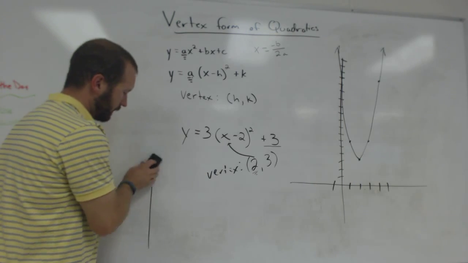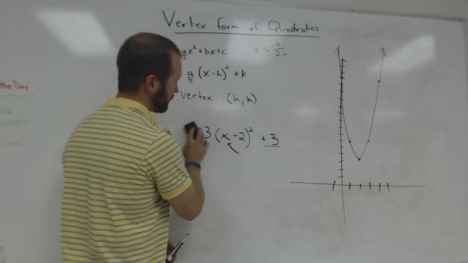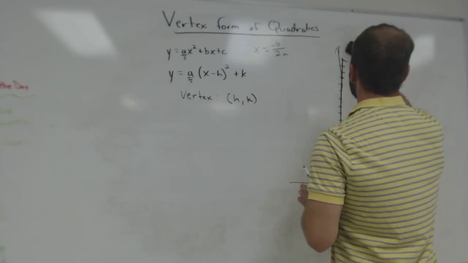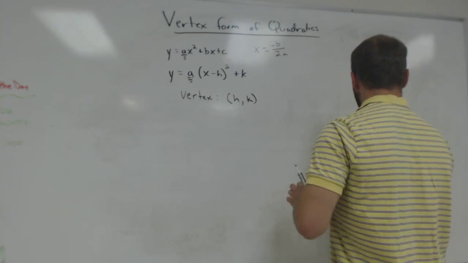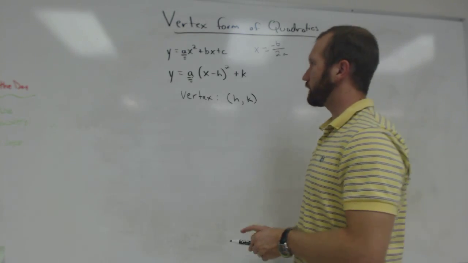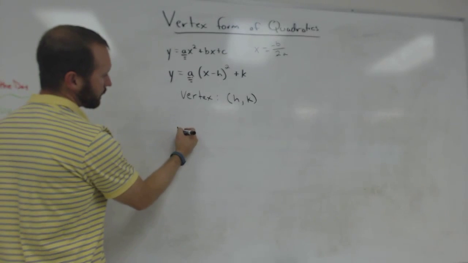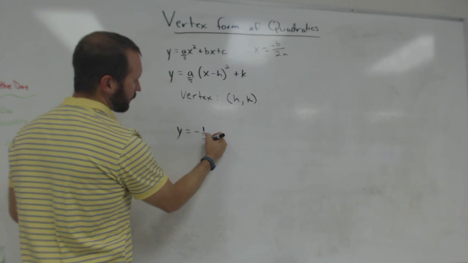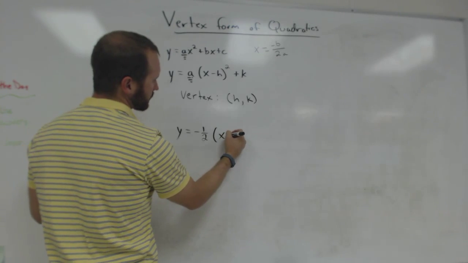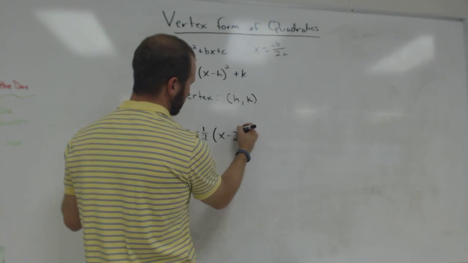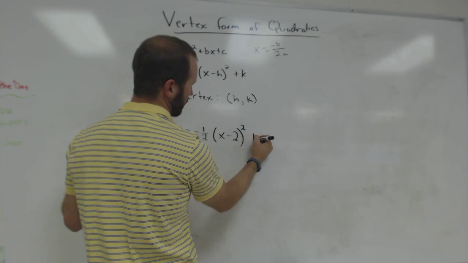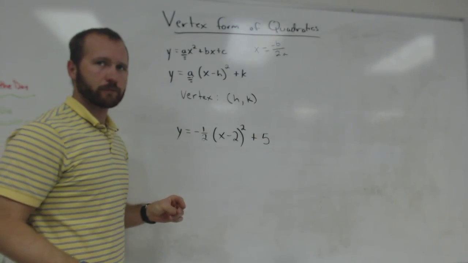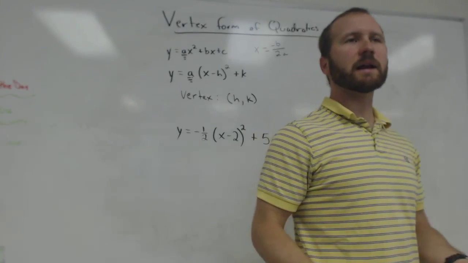What about if we had something even a little different? y equals negative 1/2 (x minus 2) squared plus 5. Let's try this one. So what did I change?